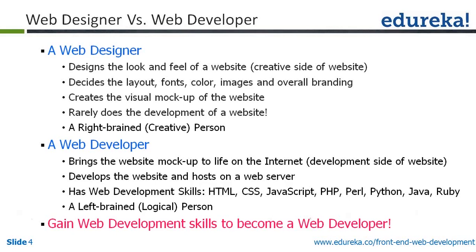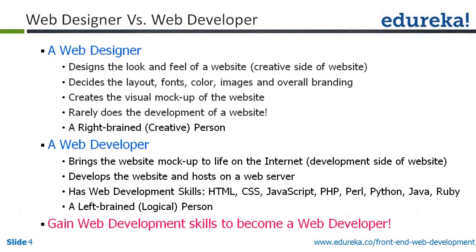He's a more logical person, more worried about how to implement the mockup web page into a real web page which can be rendered by web browsers. So you need to gain web development skills to become a web developer.